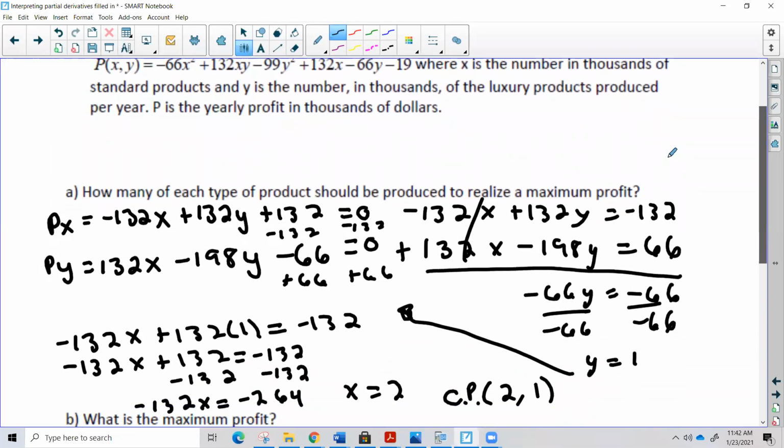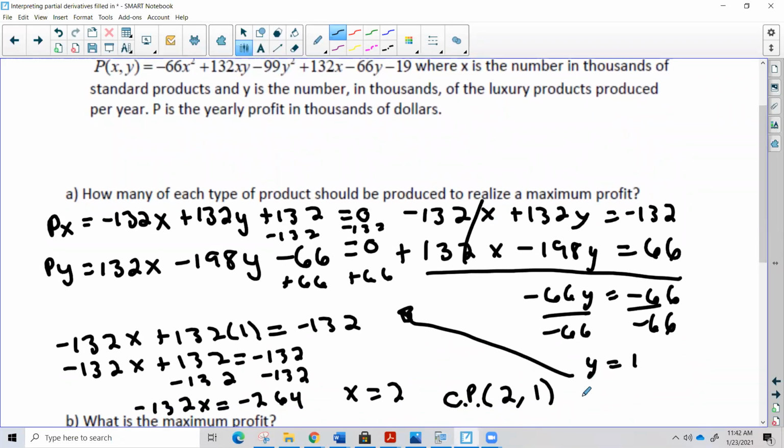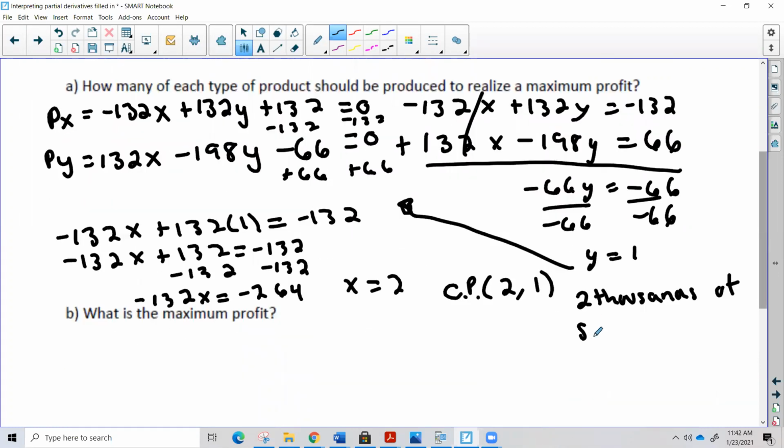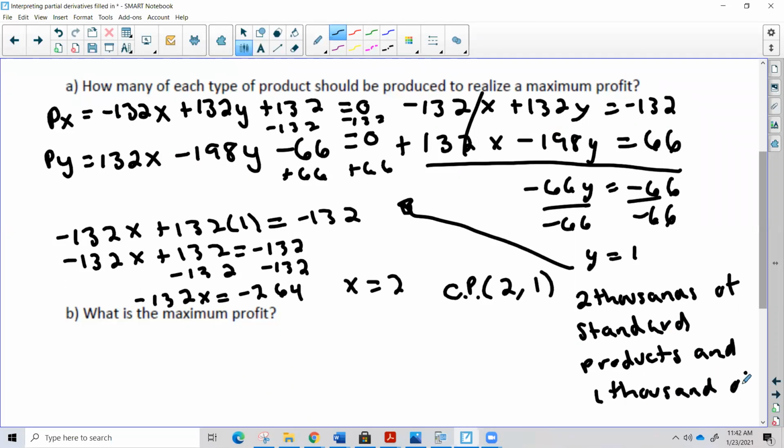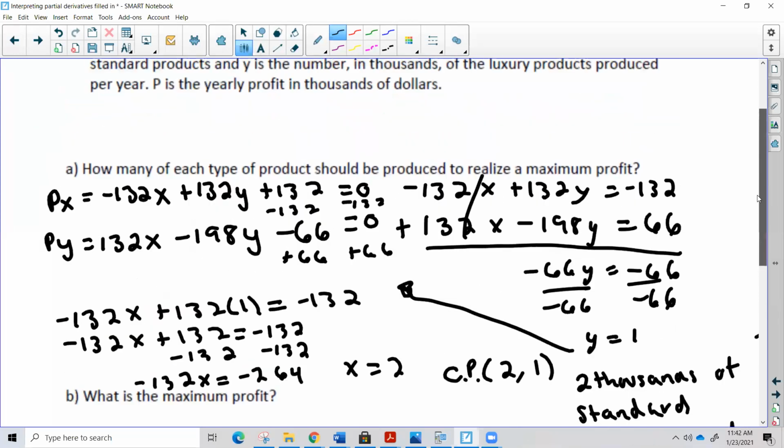So what this means is x is 2. So we should have 2 thousands of standard products, and 1,000 of, I believe it was luxury products.